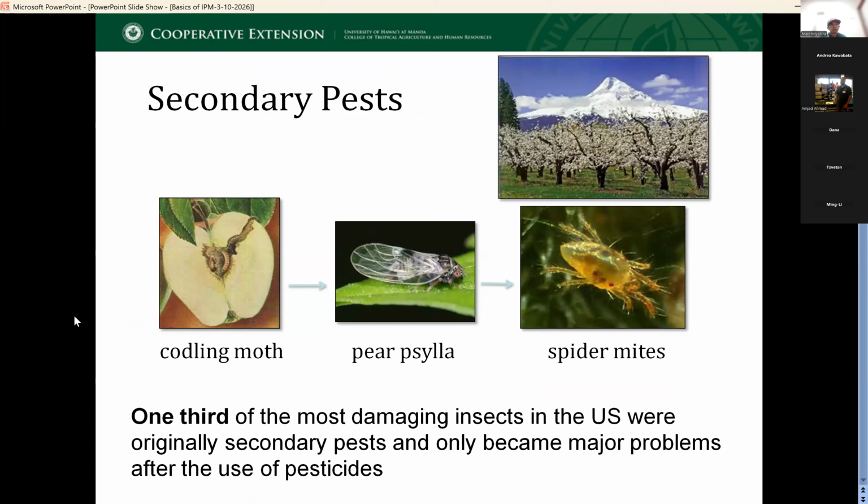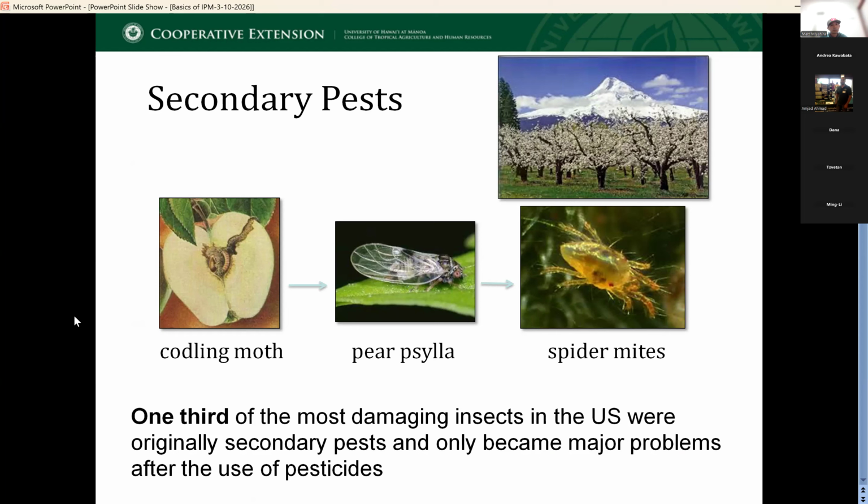Additionally, relying on only one method has shown in history big issues with what's called secondary pests, or secondary infestation, where 1/3 of the most damaging insects in the US were originally secondary pests. What that means is there is one dominant pest. When we eliminate it, yes, it was harming our crops, but it also had a biological, symbiotic kind of relation or whatever, controlling the other pest from being able to become dominant, like feeding on it.